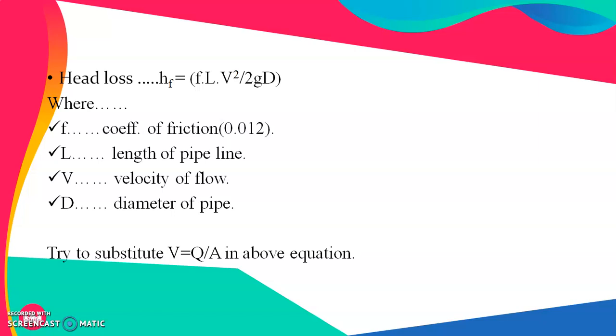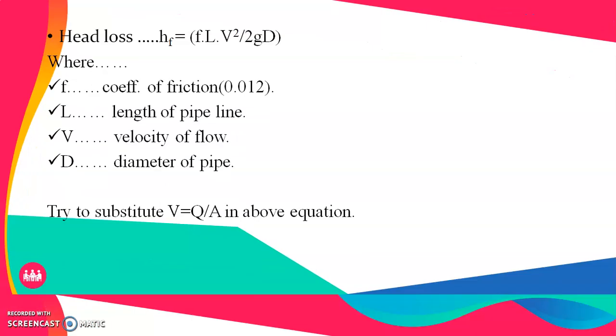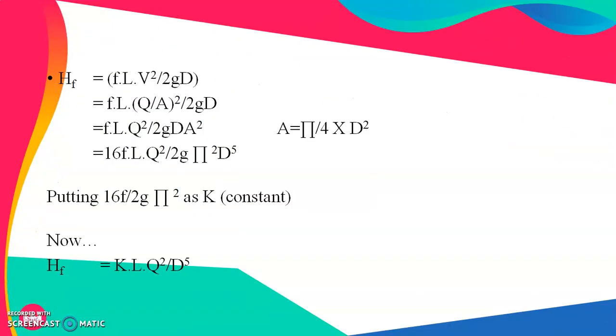Now in this equation, just try to substitute the velocity by the equation V equals Q upon A. So what we can get is the equation where we will have the head loss equals f L Q squared upon 2 g D A squared, because we have replaced V by Q upon A. So it will be Q squared upon A squared that has been substituted in case of V squared.